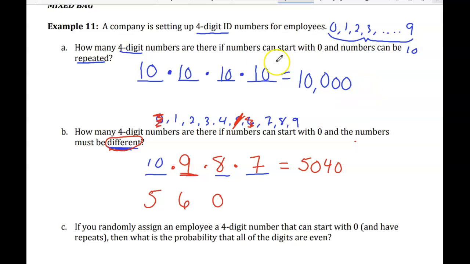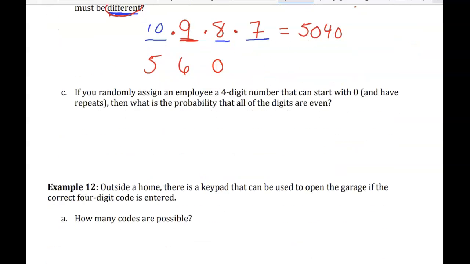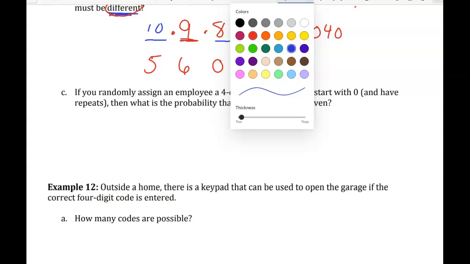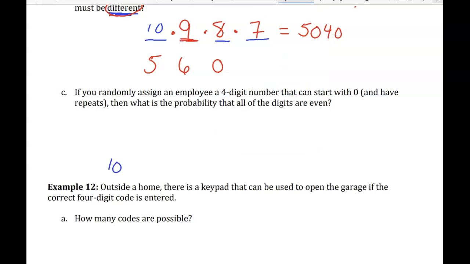So this becomes my denominator. Think about probability: your denominator is your total number possible. So my denominator is going to be that 10,000. How many total possibilities do I have?